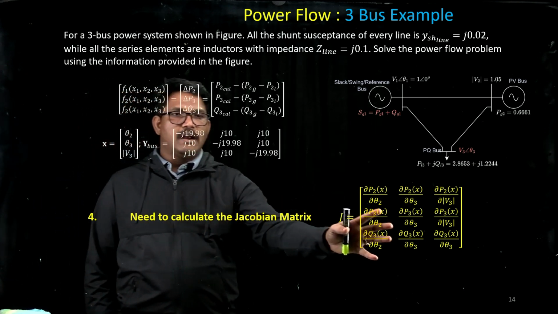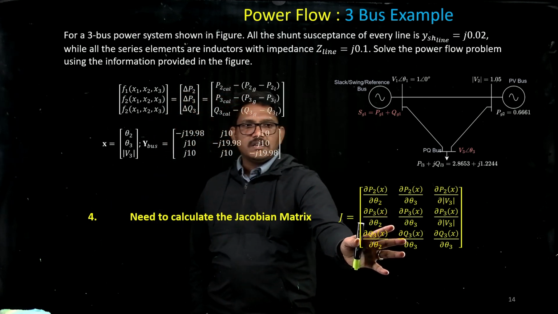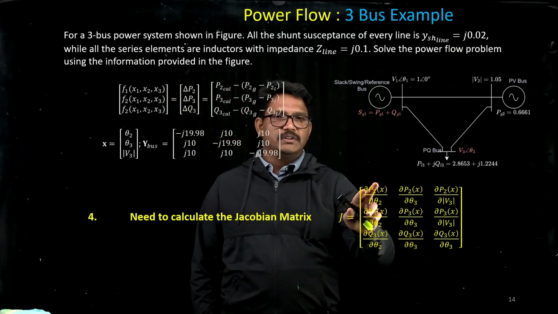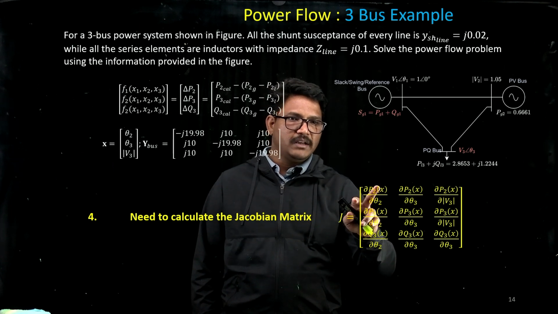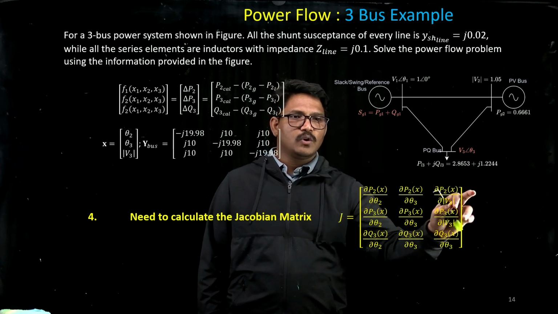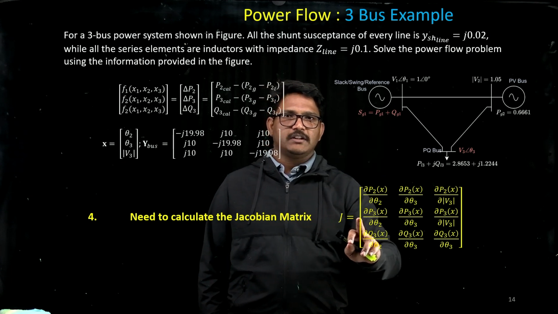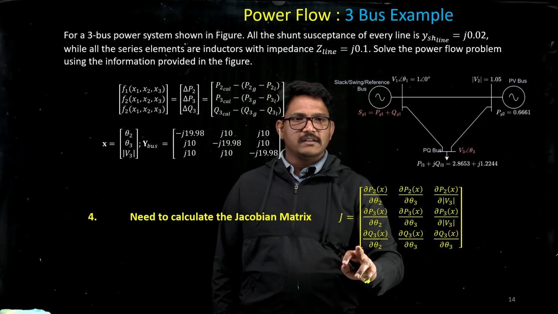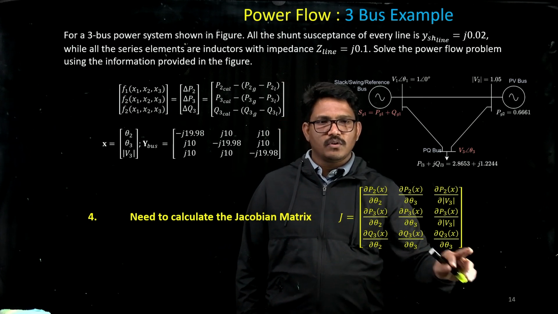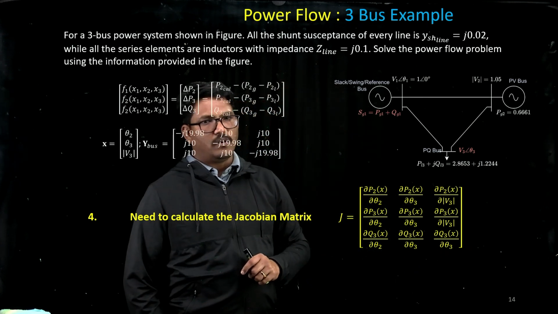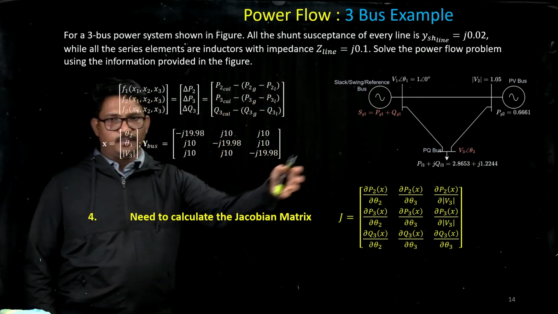Then the Jacobian matrix is going to be the partial differentiation of the known value of P2 with respect to all the unknown quantities, partial differentiation of the known value of P3 with respect to all unknown quantities, and partial differentiation of the known reactive power quantity with respect to all unknown quantities. That's what is our Jacobian.